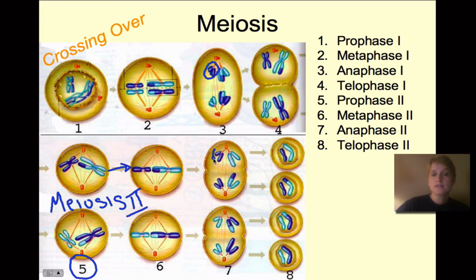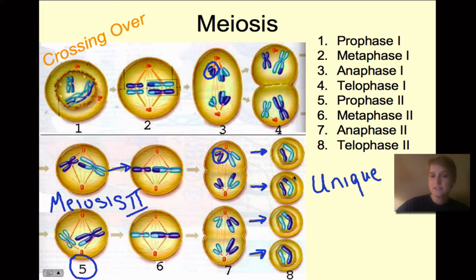Anaphase 2, the sister chromatids have split apart and they've moved to either side of the cell. They're being pulled by those spindle fibers. And then telophase 2, at the very end, we have 4 unique daughter cells. Okay, so these are unique.